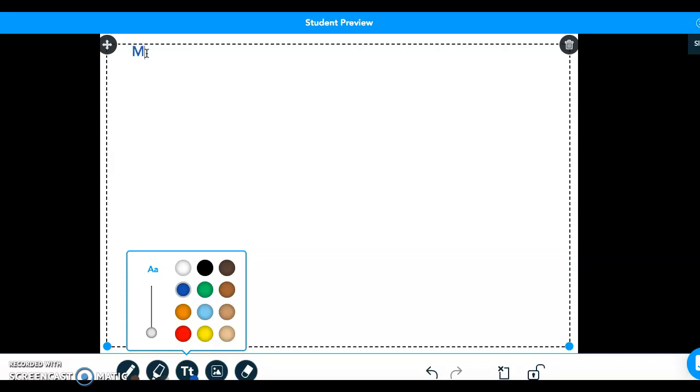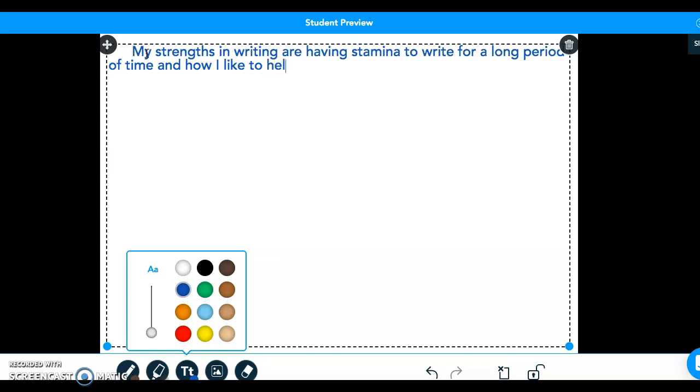And my topic sentence was, my strengths in writing are having stamina to write for a long period of time, and how I like to help people with their writing.